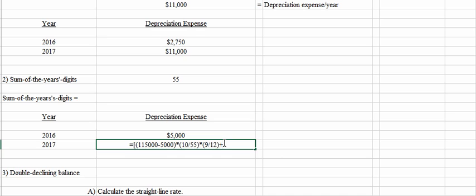Now we're going to add to that the 115, our cost, minus residual value of 5,000, times our rate for year 2, which would be 9 over 55, times how many months in year 2 in 2017?